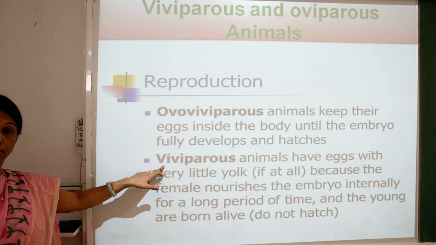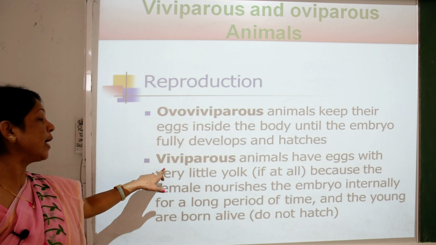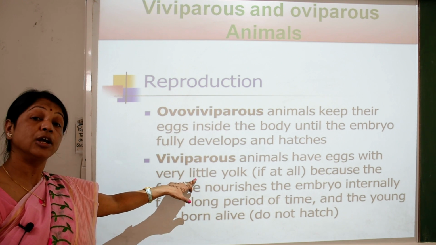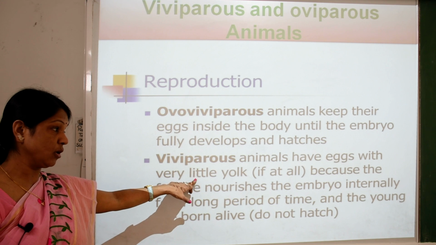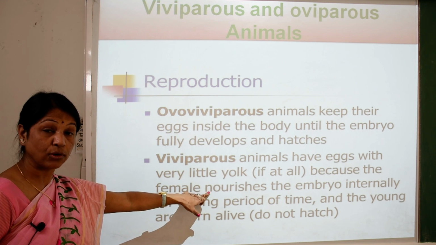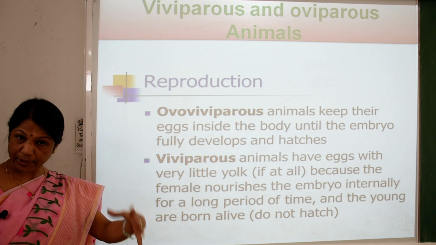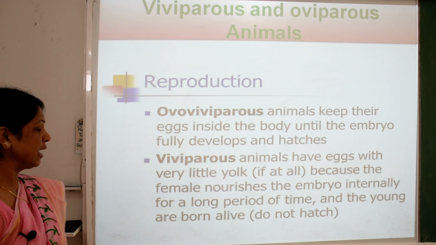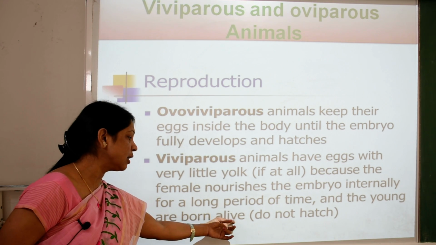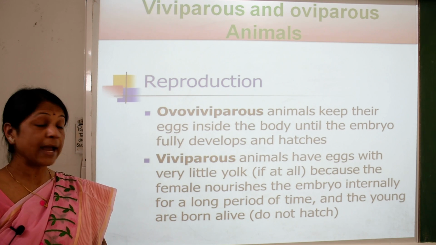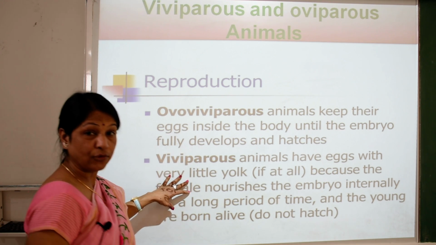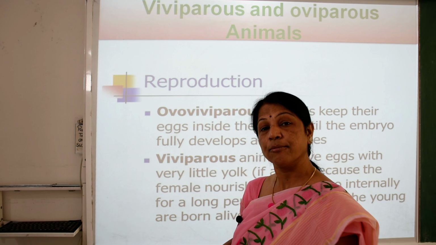Now viviparous animals have eggs with very little yolk, because the female nourishes the embryo internally for a long time, and the young are born alive, they don't hatch, such as we human beings.